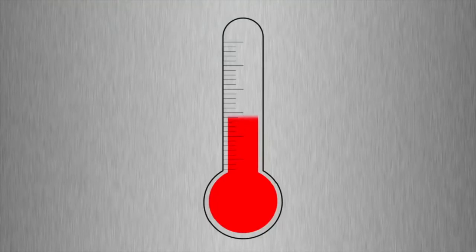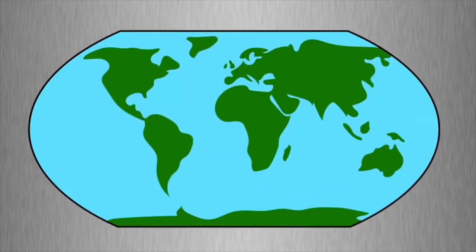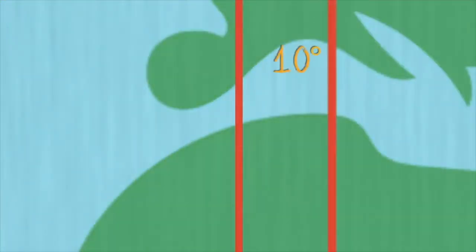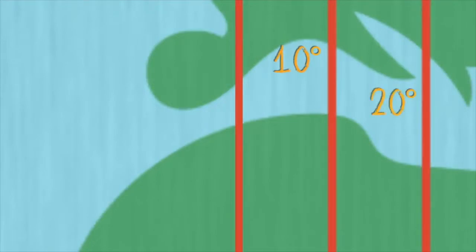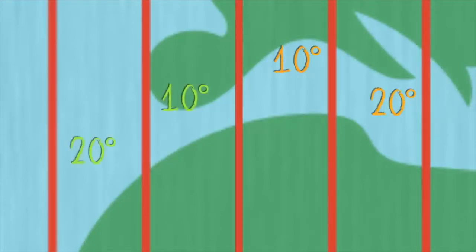Degrees in this case isn't temperature, it's a unit of measure that tells how far away from the center we are. So we start with 0 degrees and we move away from the center. So this line would be 10 degrees and this one would be 20 degrees and so on. And also notice on the other side of 0, the same thing happens, 10 degrees and 20 degrees.